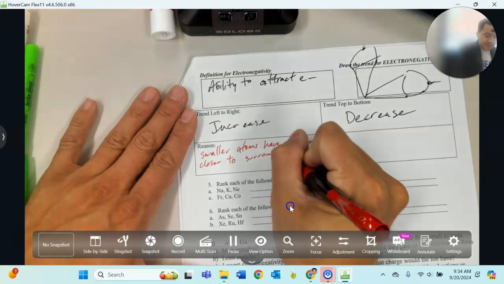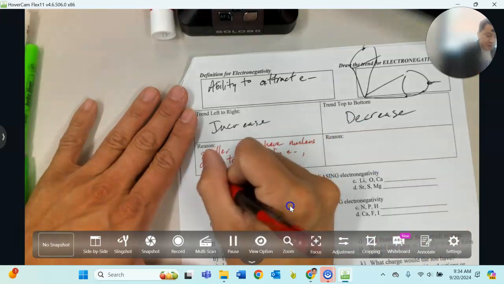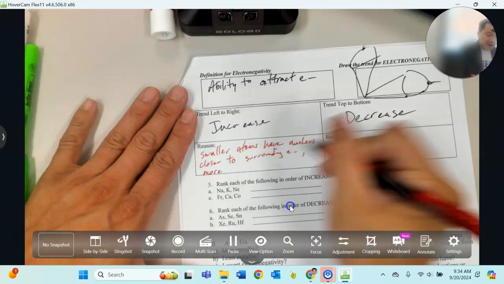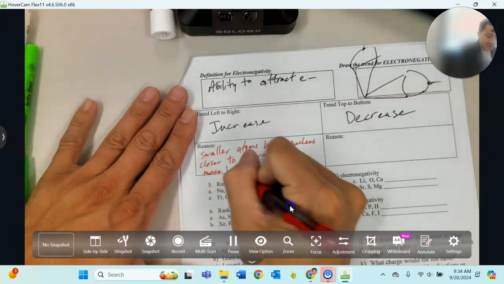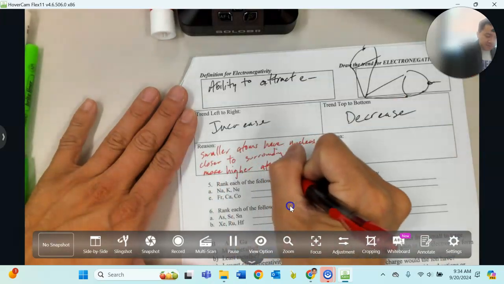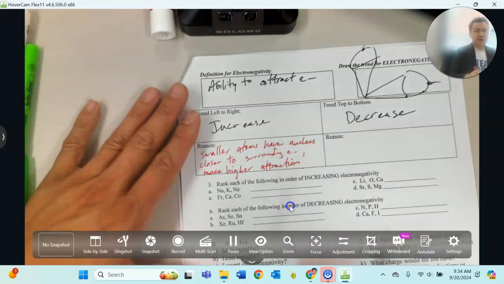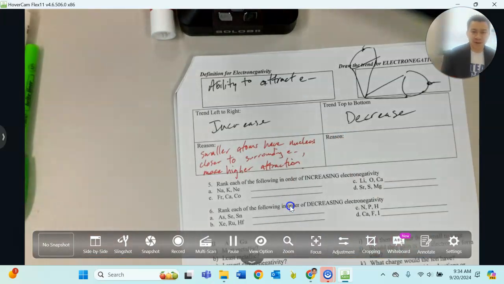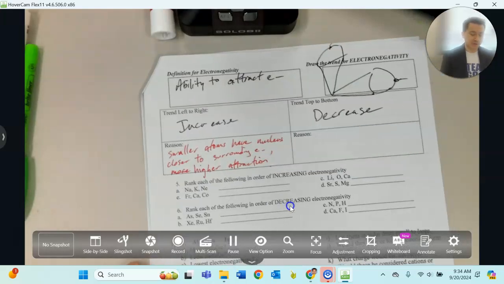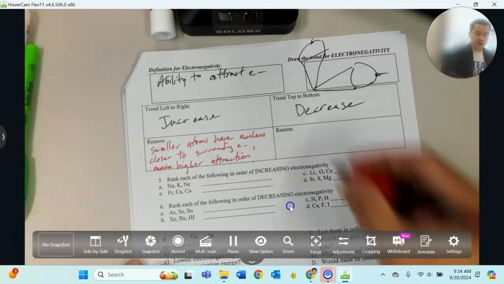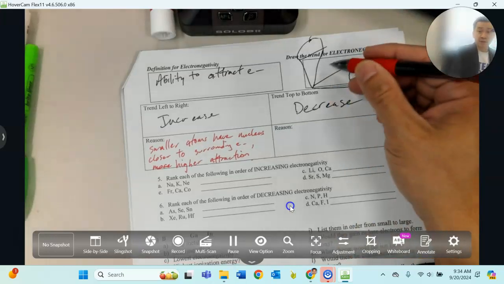So therefore it's a stronger, higher attractive force, higher attraction. Okay? It could be put in many different ways. That's what comes to my mind right now in terms of putting it as simply as we can on the reason. Okay? As we go down, it decreases because of the size of the atom.